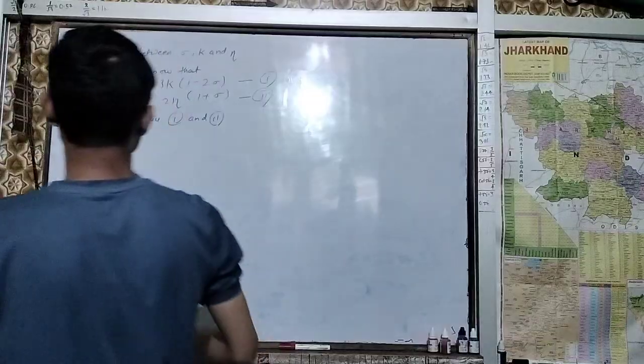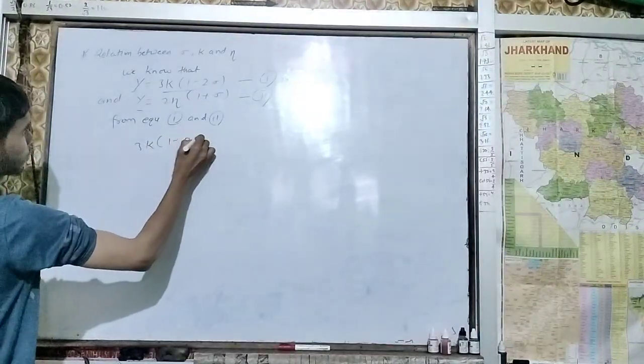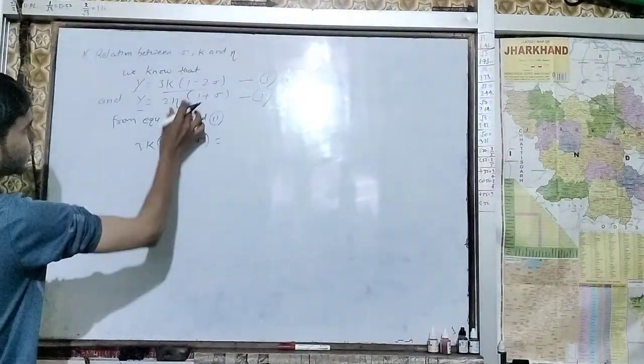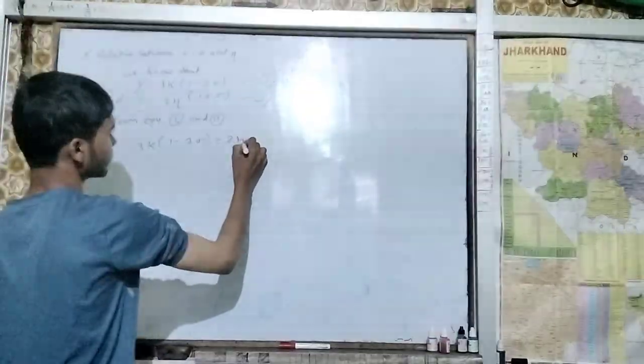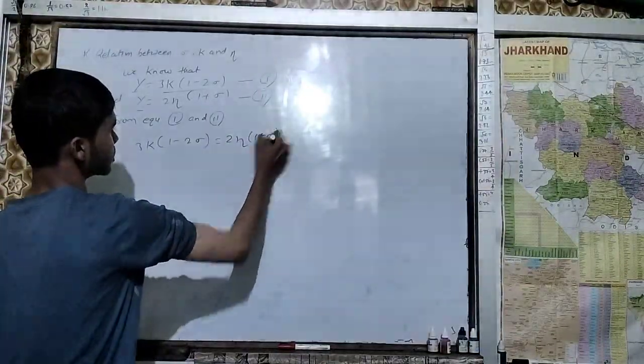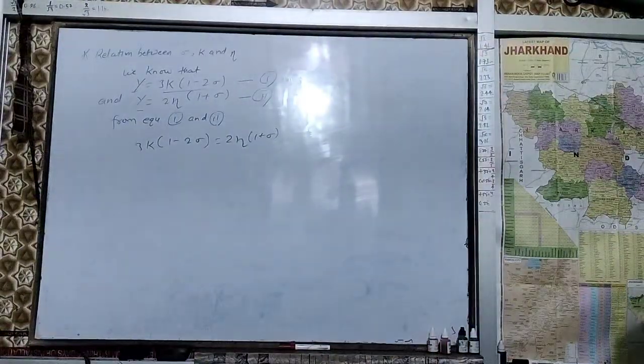So on one side you take 3K(1 - 2 Poisson ratio), and from the second equation 2 eta(1 + Poisson ratio). Now your work is to simplify.